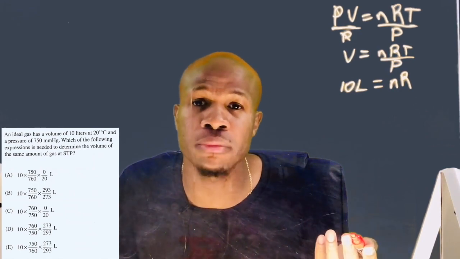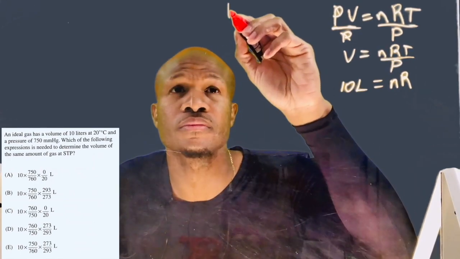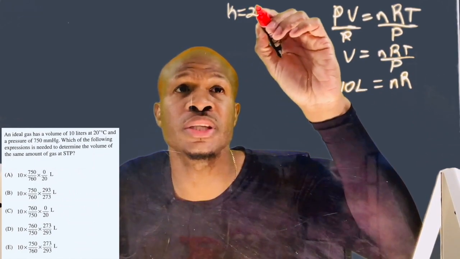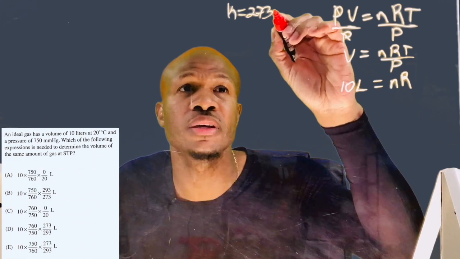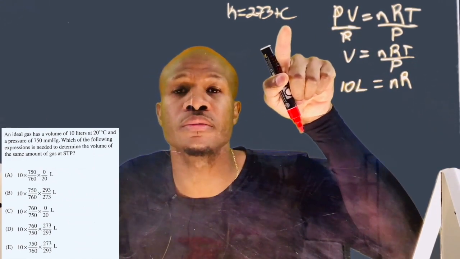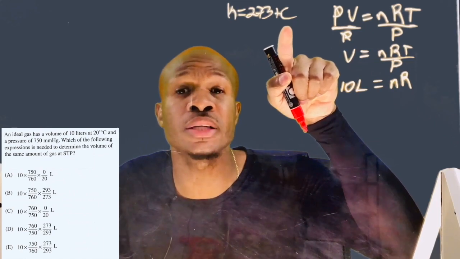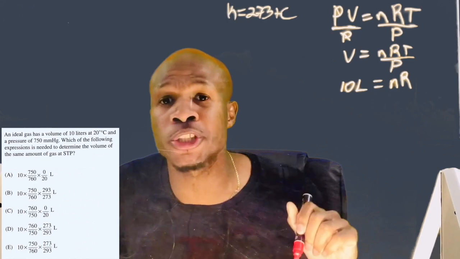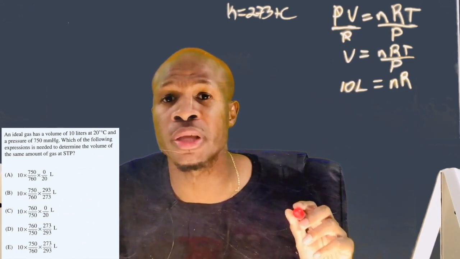Well, how do we do that? It's just approximately 273 plus C. So whatever your temperature in Celsius is, you just add 273 to it. And that becomes your temperature in Kelvin.